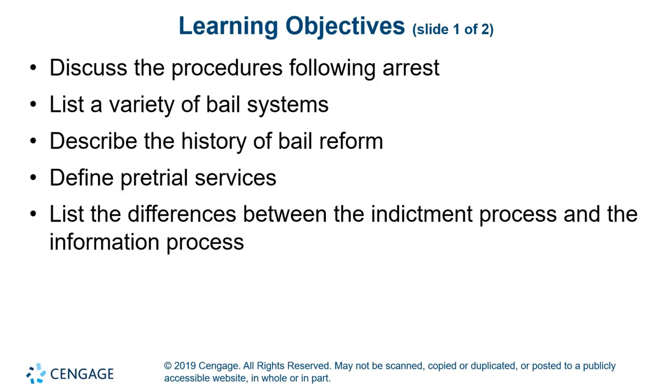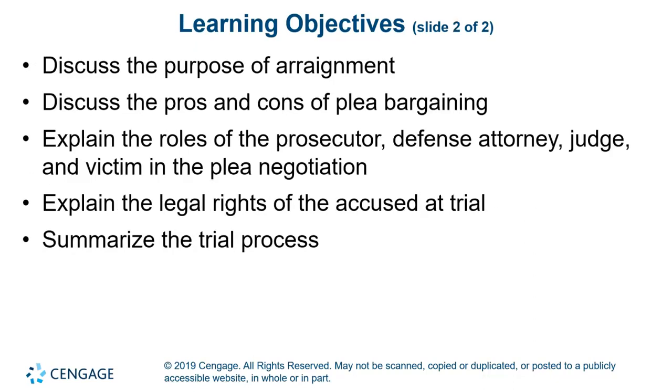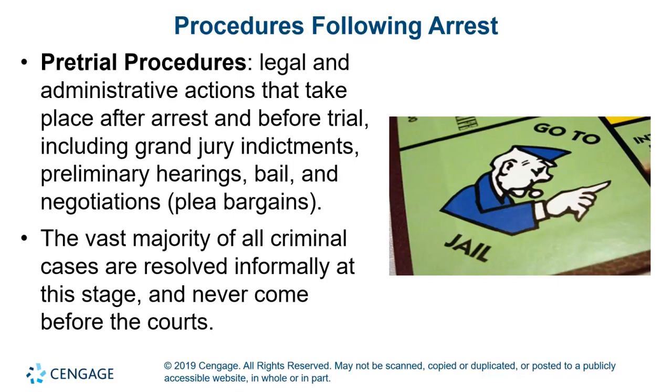Just to give you a hint, that's like a preliminary hearing, like a little mini trial, but we'll talk more about that. We're going to discuss the purpose of an arraignment. We'll talk about some pros and cons of plea bargaining, explain the roles of the actors, the prosecutor, defense attorney, judge, and victim in the plea bargaining process, explain the legal rights of the accused at trial, and then summarize that whole trial process. So a lot to cover.